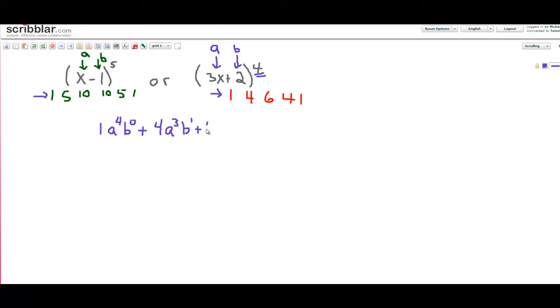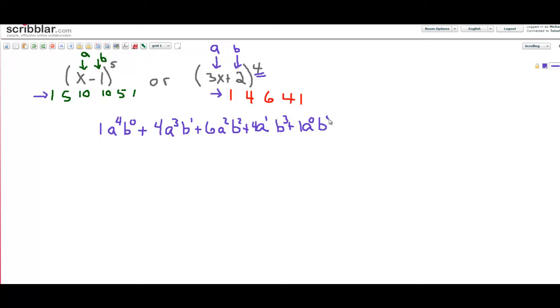And plus 6a squared, and then b squared. And now next plus 4, a to the first and b to the third. And now last it's going to be plus 1 a to the fourth, and it's going to be b. Oh, back up, sorry. It's going to be a to the 0, b to the fourth.